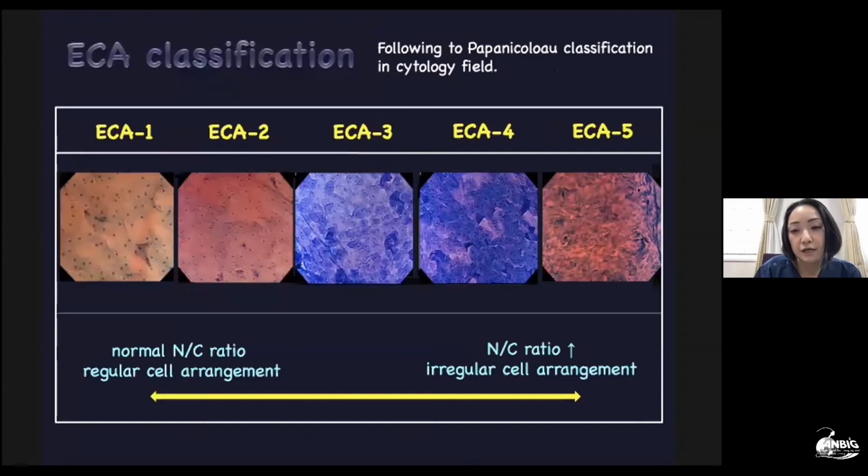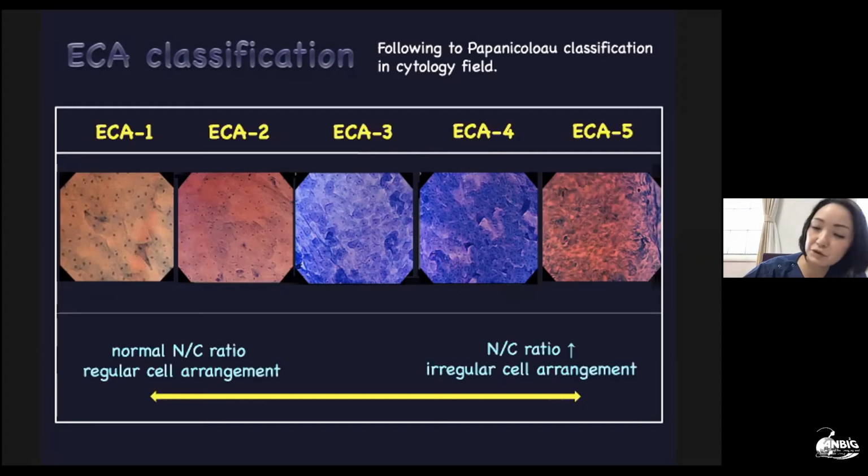This is the original EC classification, categorizing EC images into 5 categories, depending on the NC ratio and cellular arrangement. The size of each nucleus is larger in ECA4 and 5, which correspond to high-grade neoplasia or cancer. We invented this ECA classification following the Papanicolaou classification.